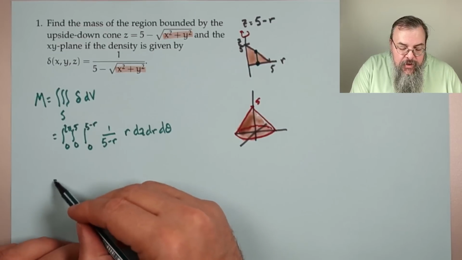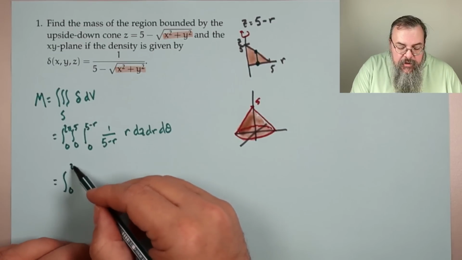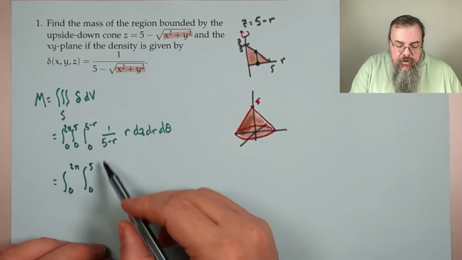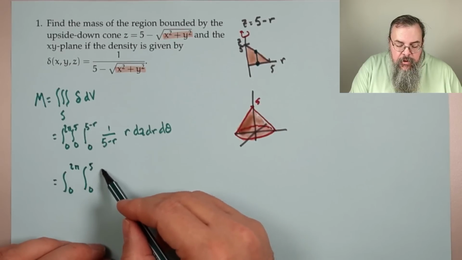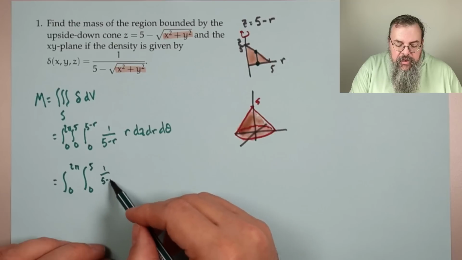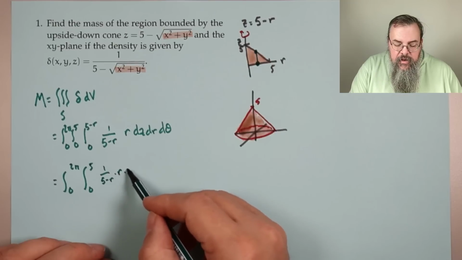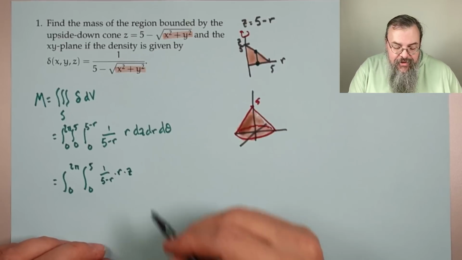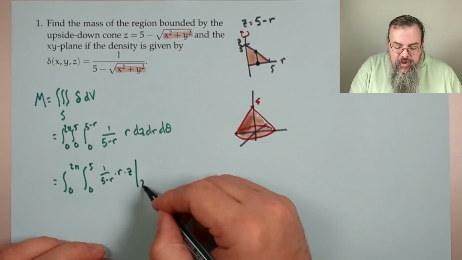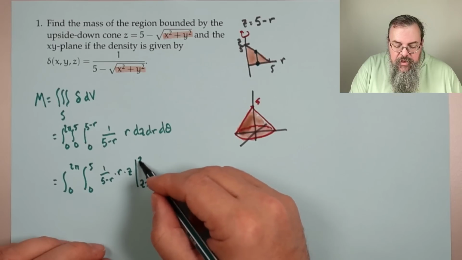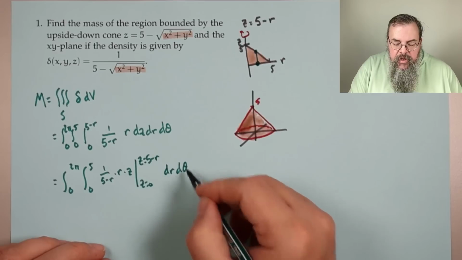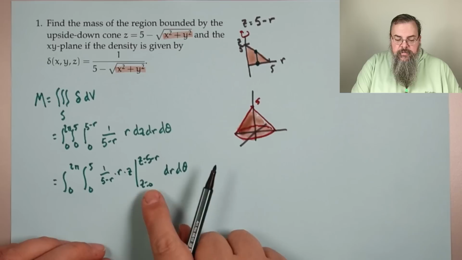And what do we get? Well, integral 0 to 2 pi, integral 0 to 5, and now we have this 1 over 5 minus r times z, because we're integrating with respect to z, and the r's are constant. We're evaluating from z equals 0 to z equals 5 minus r, and when you plug in 0, we get 0.